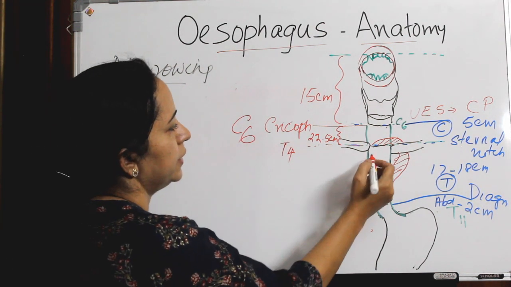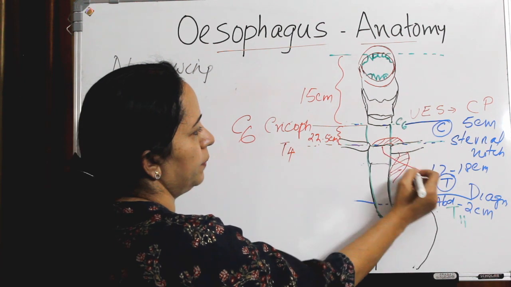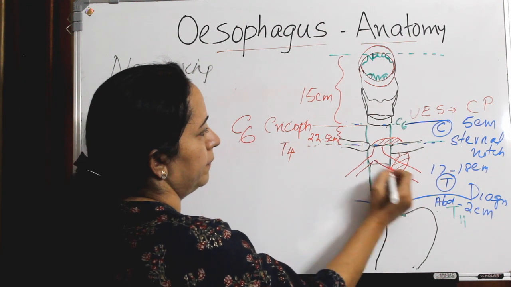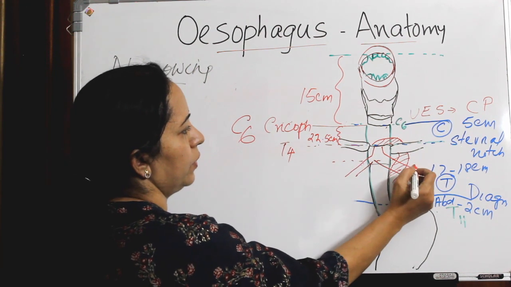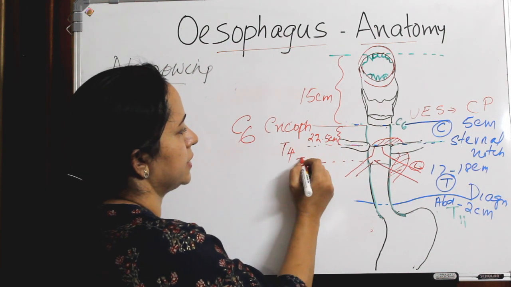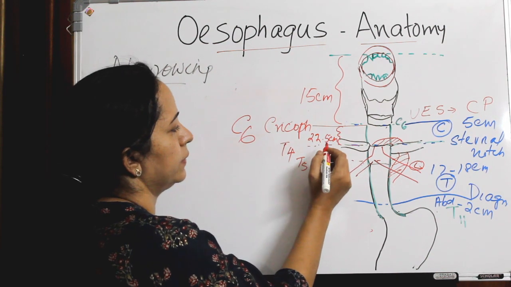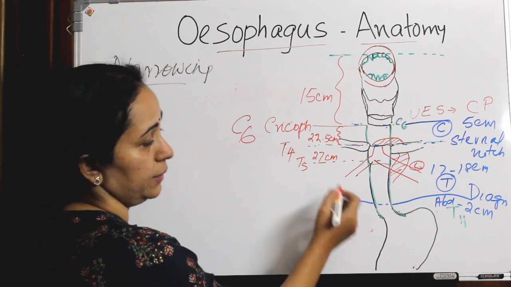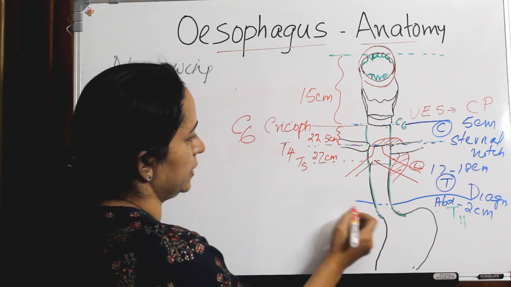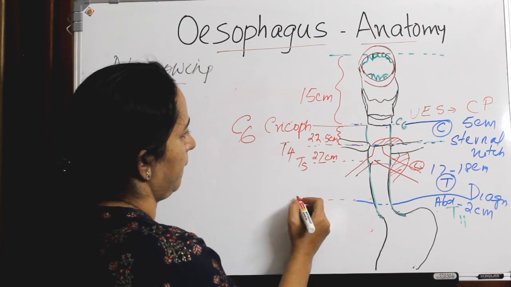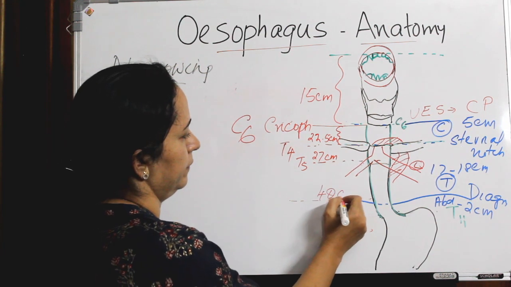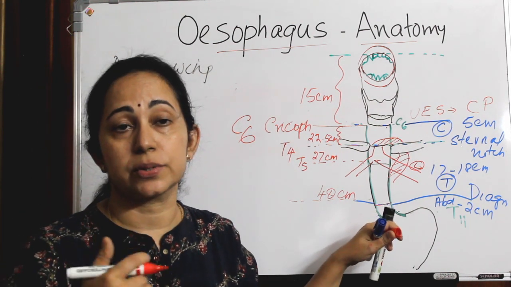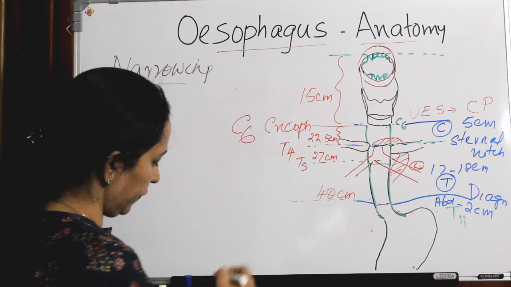And the third is where it is crossed by the left main bronchus, roughly at T5, and this will be around 27 centimeters. And the fourth one is at 40 centimeters, crossed by the diaphragmatic opening, where the esophagus crosses the diaphragm.